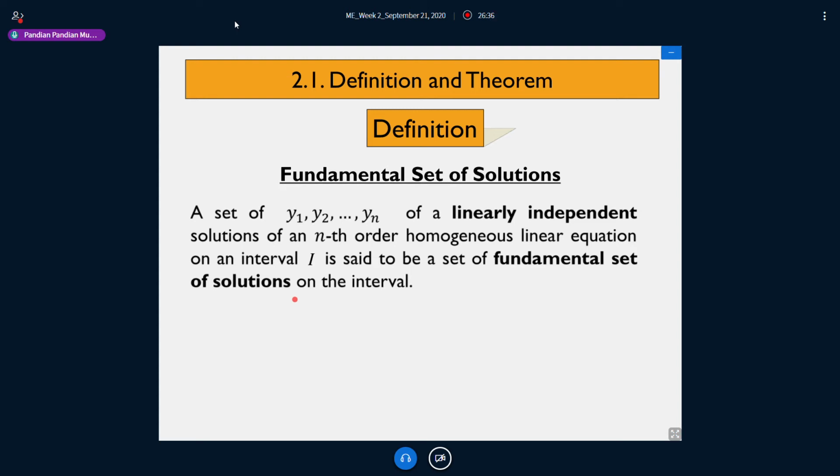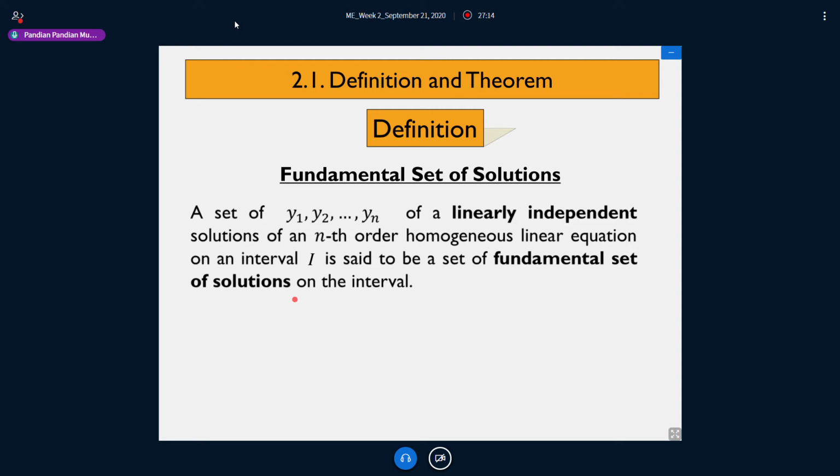So when you solve the second order homogeneous linear equation, the solutions must be linearly independent. This must be very clearly understood, because this is a very strong definition. If you find linearly dependent solutions, they are unacceptable and will be rejected.